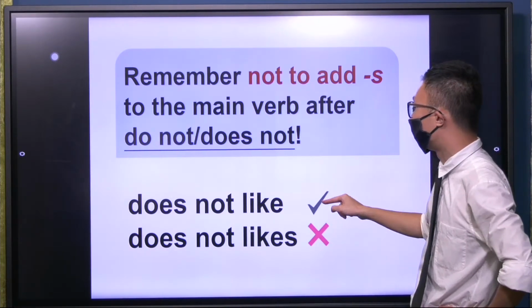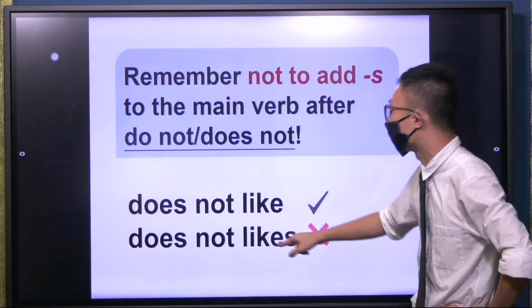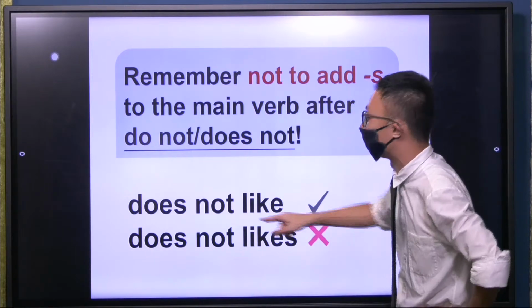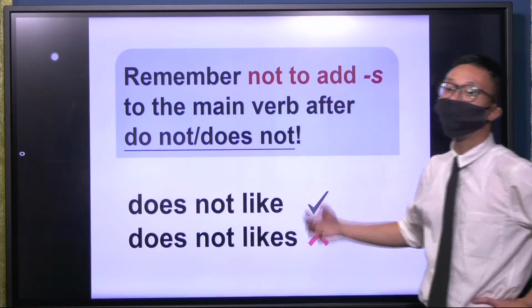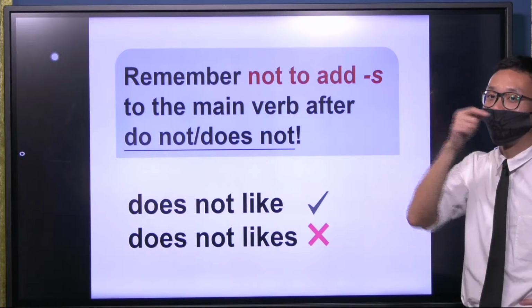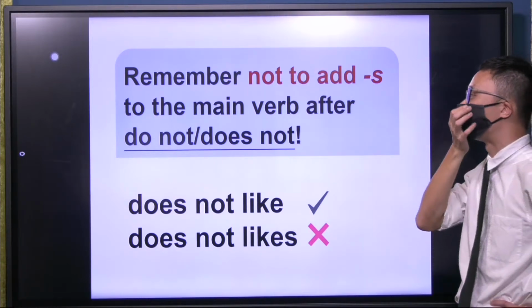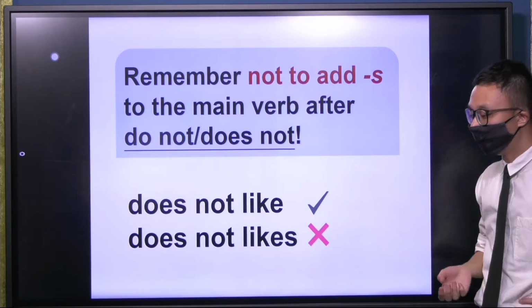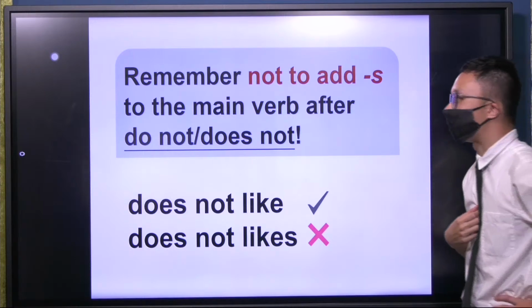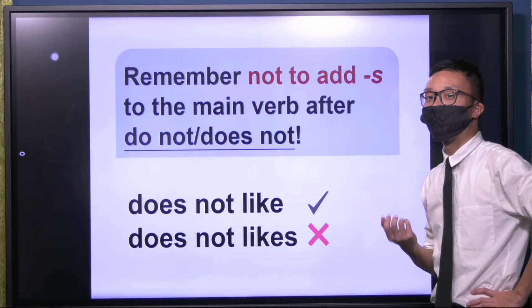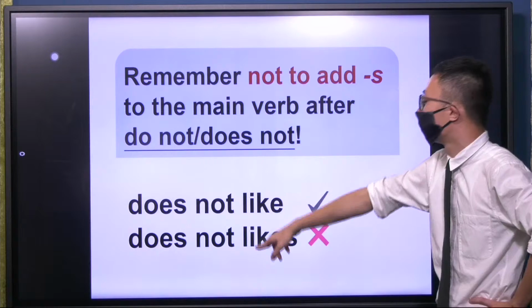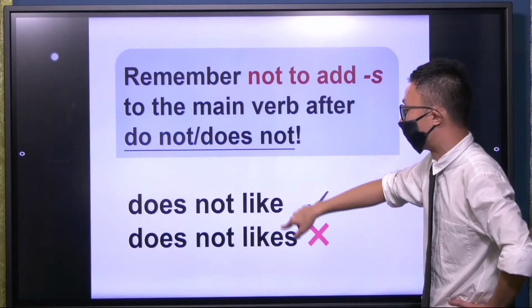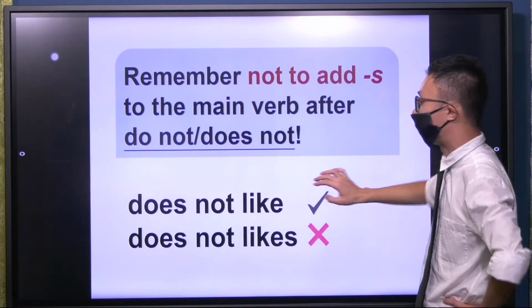So these are okay and these are not okay. So not likes. No, that's not likes, it's like. Just remember this rule. Basically, there is only one verb where you need to put an s in a singular present tense sentence. No, all right. No s. Remember, this is the wrong one. This is the correct one, right?